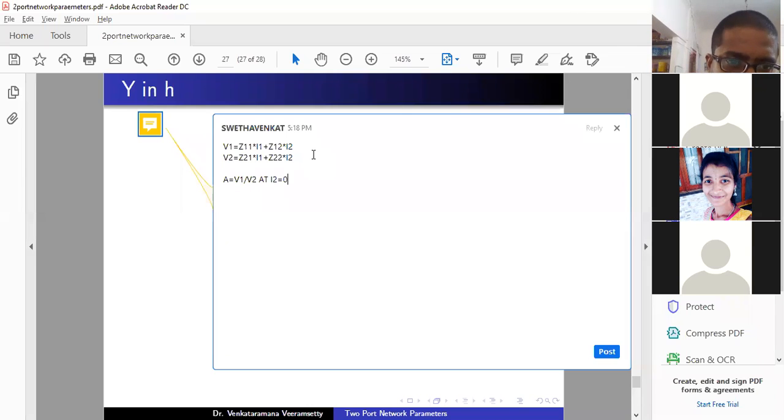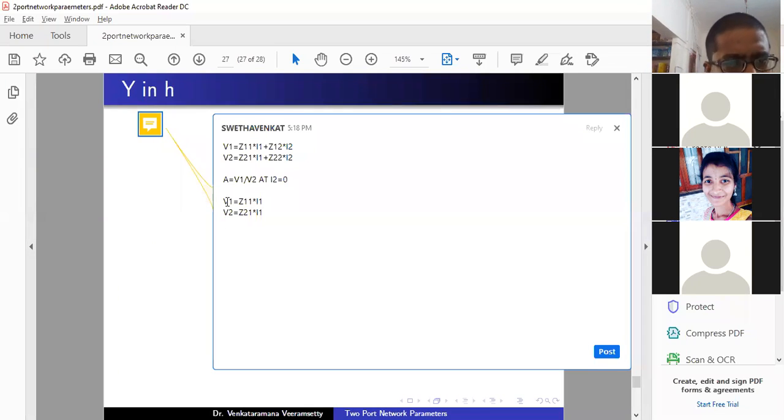So keep I2 equal to 0 in both equations. Then the first equation becomes V1 equal to Z11 multiplied with I1, and the second equation becomes V2 equal to Z21 multiplied with I1.